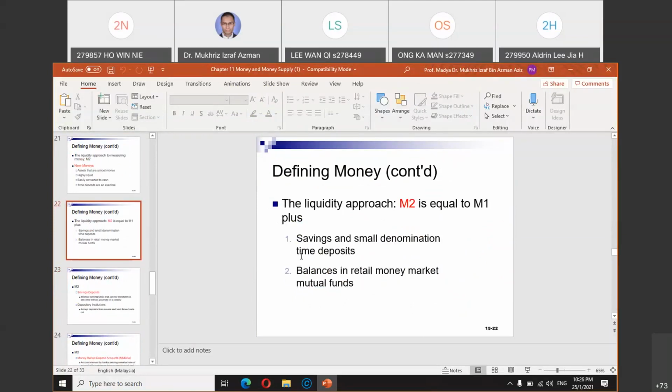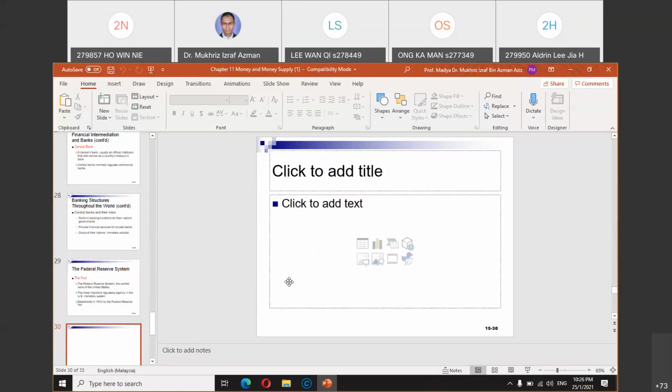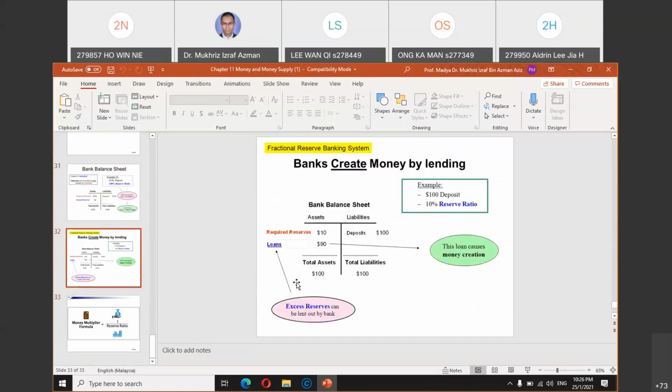So that will be the first several questions, and then we go straight to the concept of reserve ratio, whereby you need to know what is considered as asset and what is considered as liability from the bank's perspective.